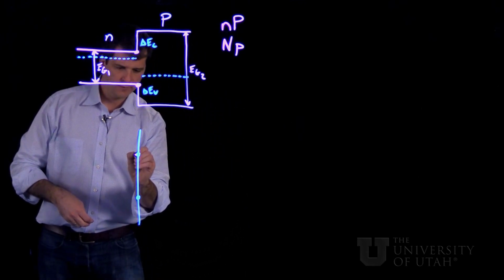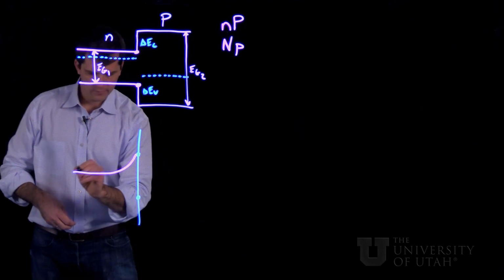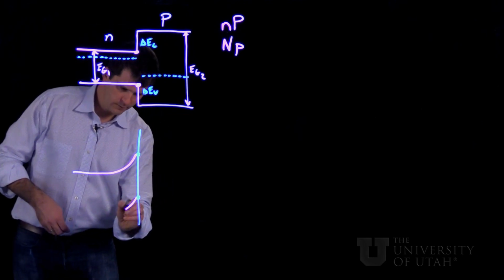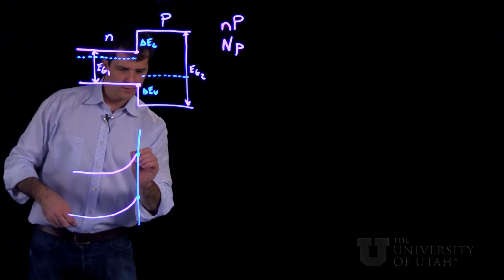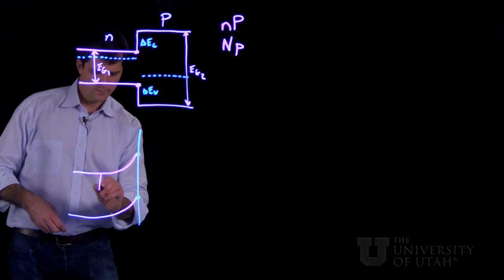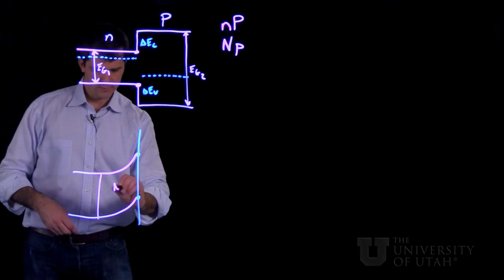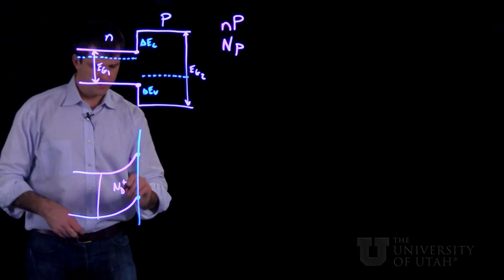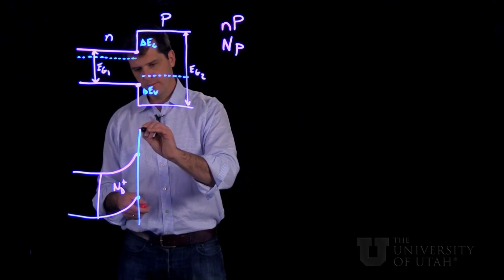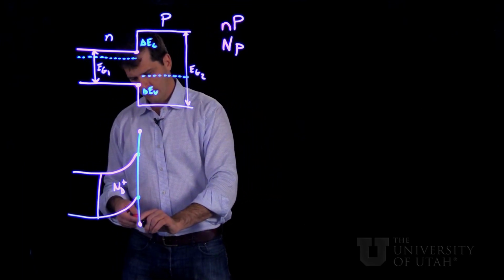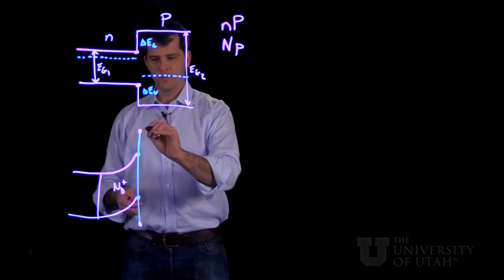So our n-type side has to have band bending that goes down like this. Or if we're coming towards the interface, we could say it's going up, and it forms a depletion region with ionized donors. Then on this side, we'll have our larger band gap material.